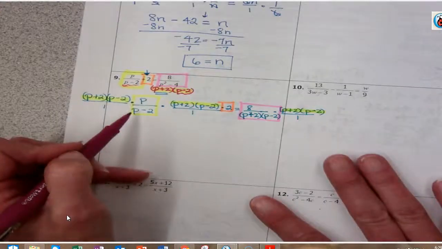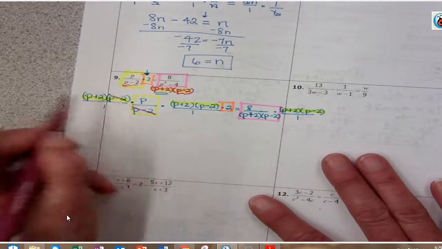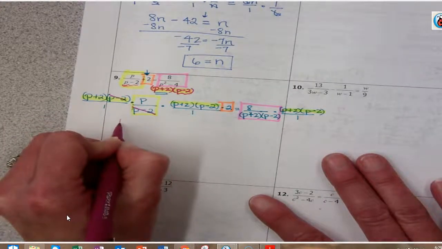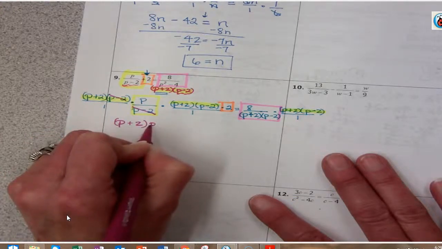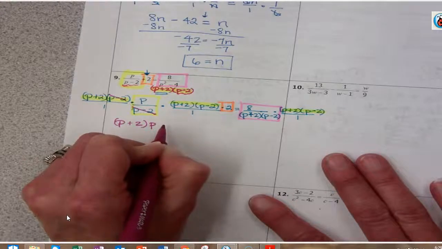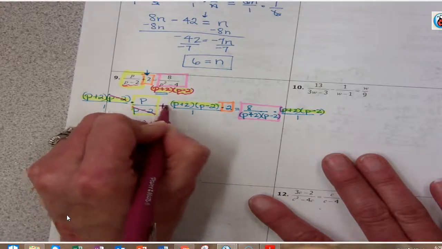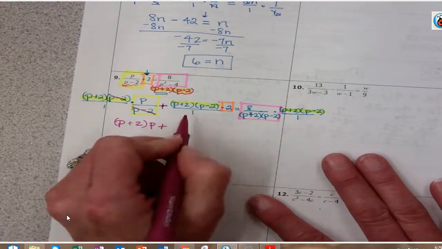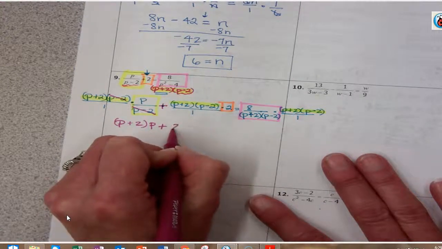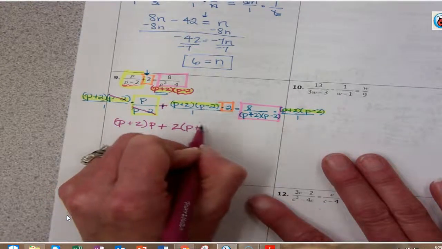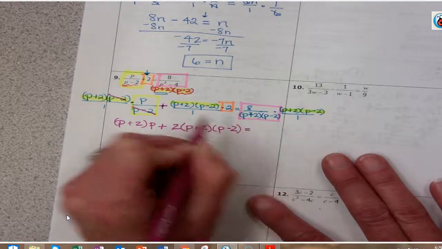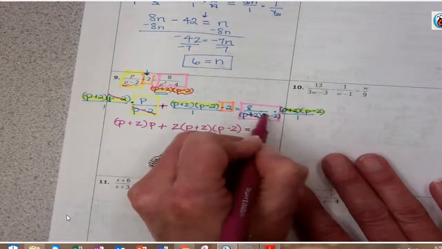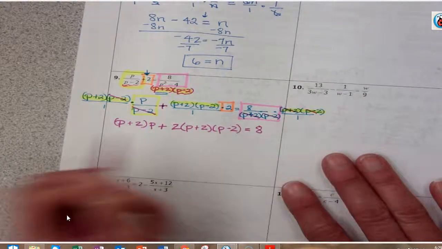So when I multiply these, I can now cross these out, and I'm left with p plus 2 over p times p, plus, this should be a plus, 2 times (p plus 2)(p minus 2), equals, and then these cross out, 8.